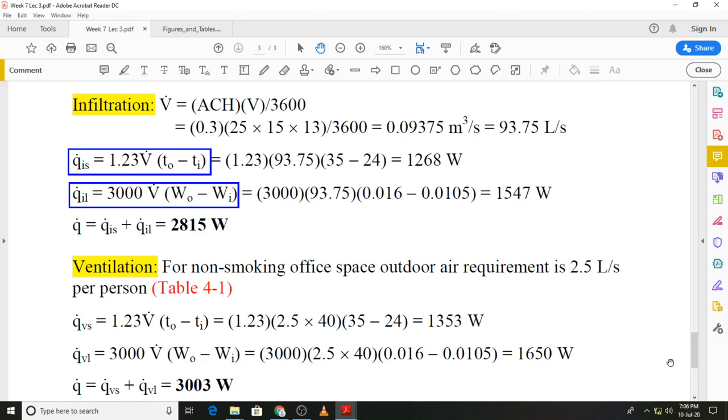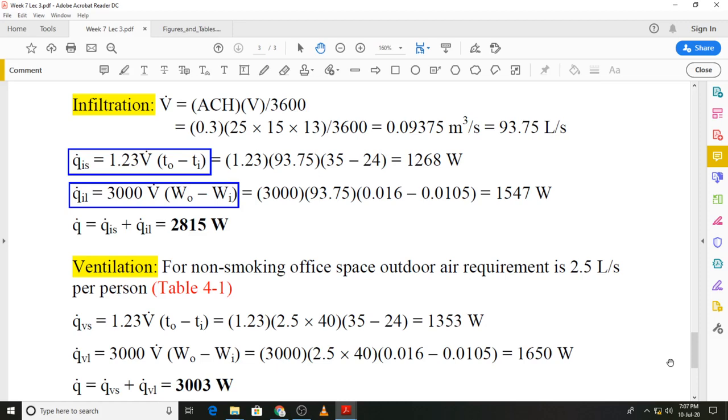Then we lastly come to the load due to ventilation, and that load is not given to us directly, but we are given some information which will be utilized to read the value for ventilation from table 4-1, and that information that we require is that we have an office space with a non-smoking environment.